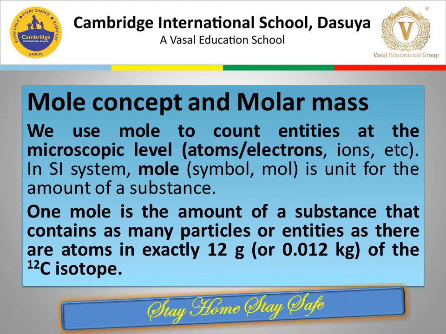That means if we take 12 gram of carbon-12 and start counting the number of atoms, if we have any substance which has a number of particles equal to the number of atoms present in 12 gram of carbon-12, then that number is called 1 mole.